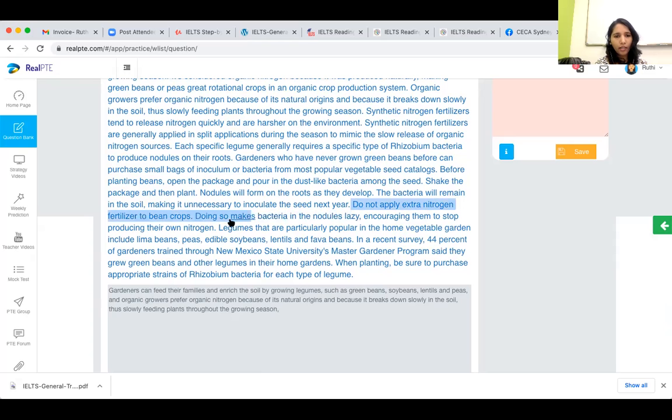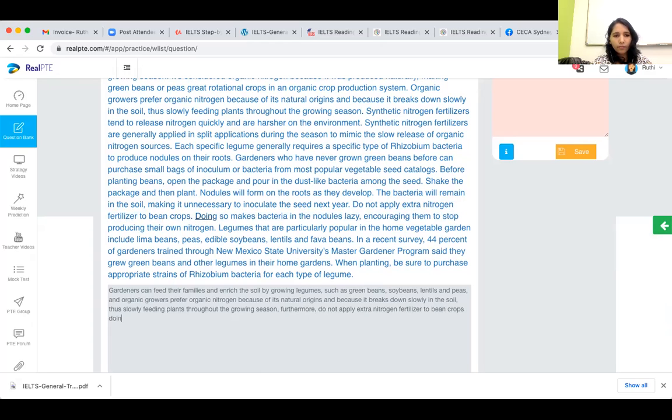So I would say, furthermore, do not apply extra nitrogen fertilizer to bean crops. And then nothing else. I just remove this full stop here and I put it together. I combine these sentences together.